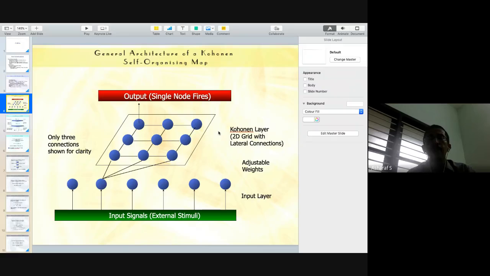I can update the weights of these 4, or I can update the weights of these 8, which is one hop away. It's basically from the winning neuron, one hop meaning an edge away. I can take 2 edges away, I can take 5 edges away. So that is the definition of a neighborhood.